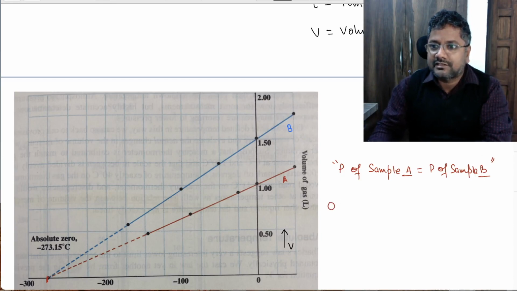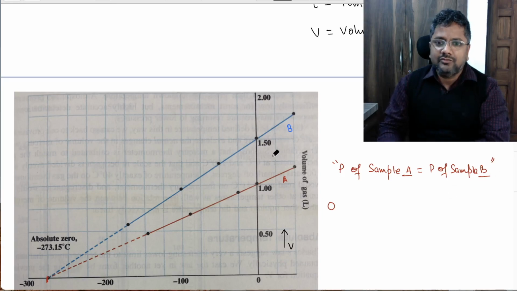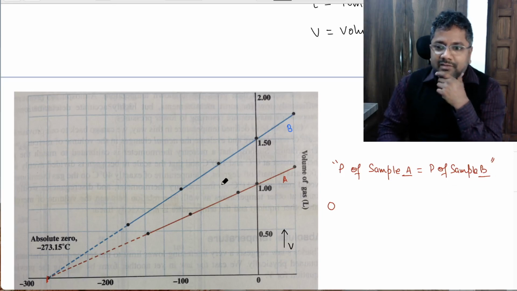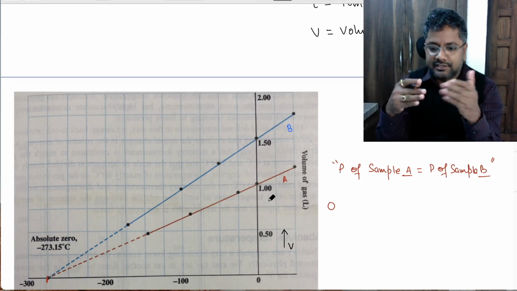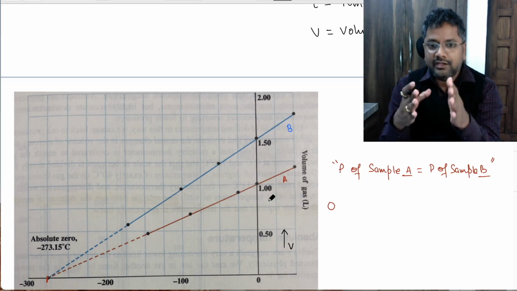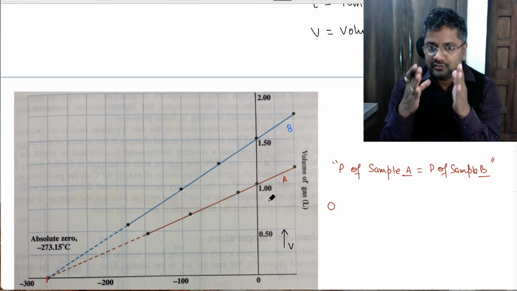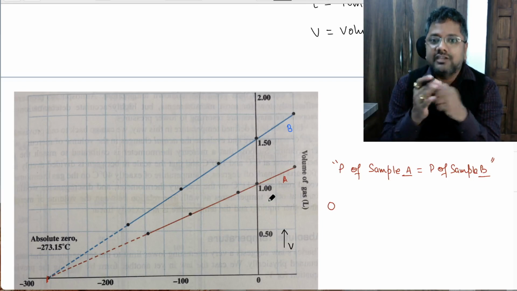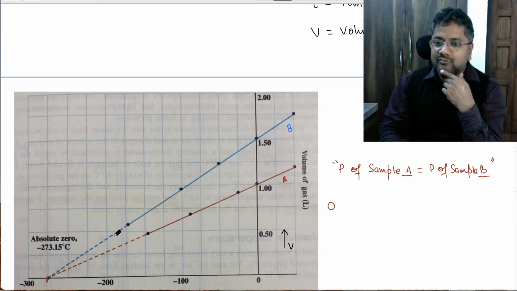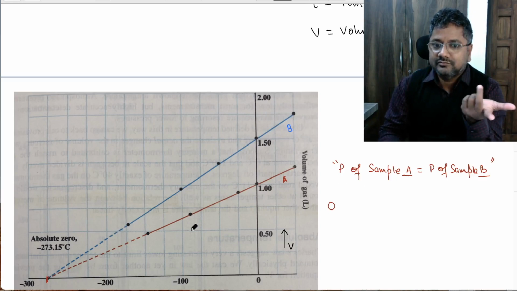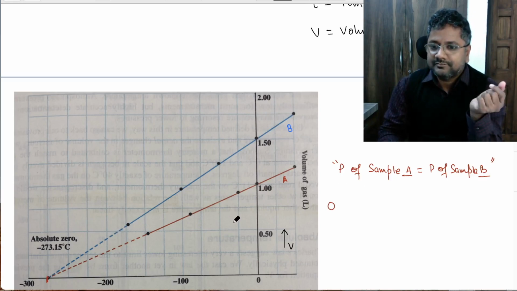write from this graph? When you cool sample A and sample B, the rate of decrease in volume in sample B is more, right? You can compare the slope.